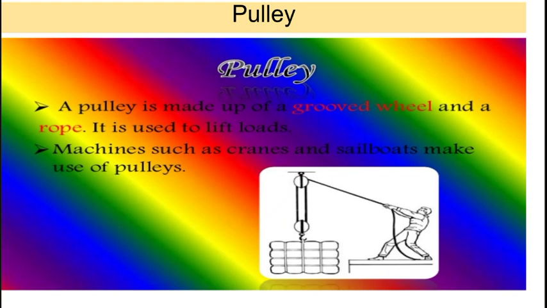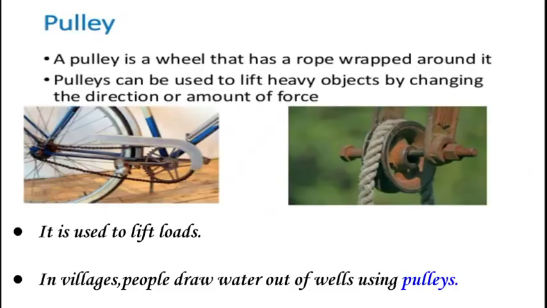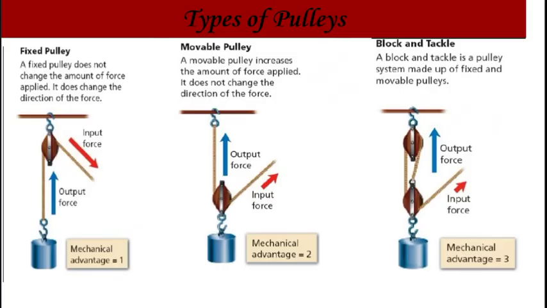Machines such as cranes and sailboats make use of pulleys. A pulley can be used to lift heavy objects by changing the direction or amount of force. In villages, people draw water out of wells using pulleys.